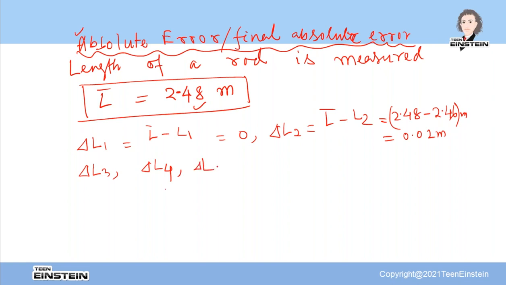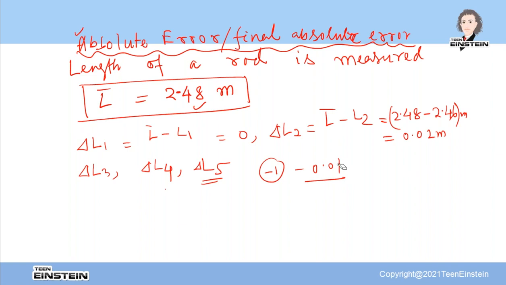If you find delta L, you have to take the magnitude of all of them. Whatever you get, you have to take the magnitude. Sometimes you will get minus 0.1, like that.